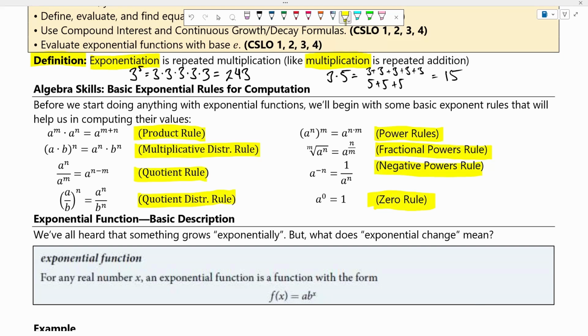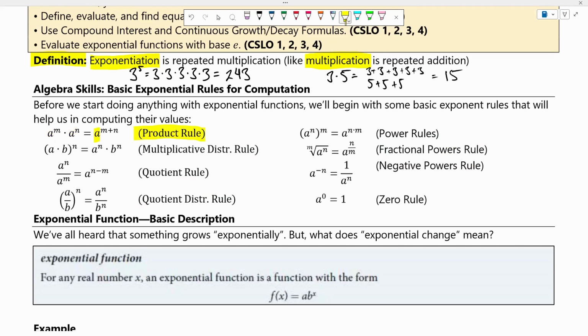Okay. The first one, the product rule for exponents. If the bases are the same, you see that bottom number is the same for everything, and you're multiplying two things that are to a power, then you can add the powers. Okay? That's simple.